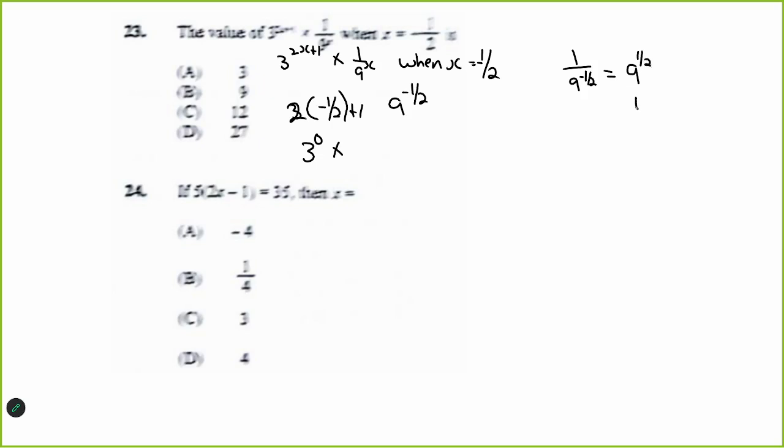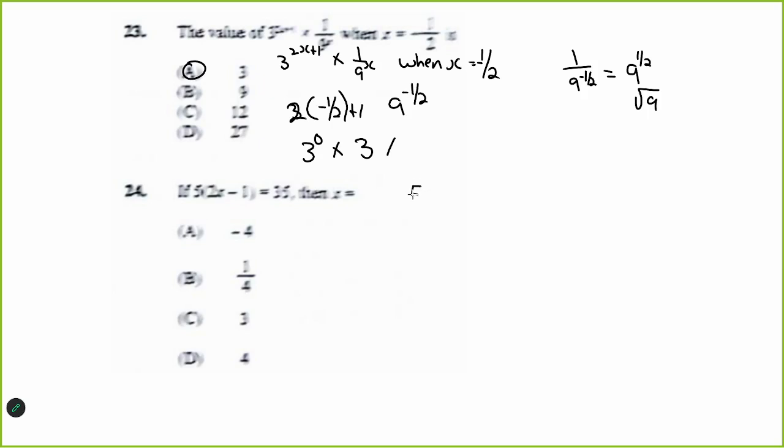Anything to the power of a half is the square root, the square root of 9 is 3. Anything to the power of 0 is 1, so 1 times 3 is 3, so the answer is A.